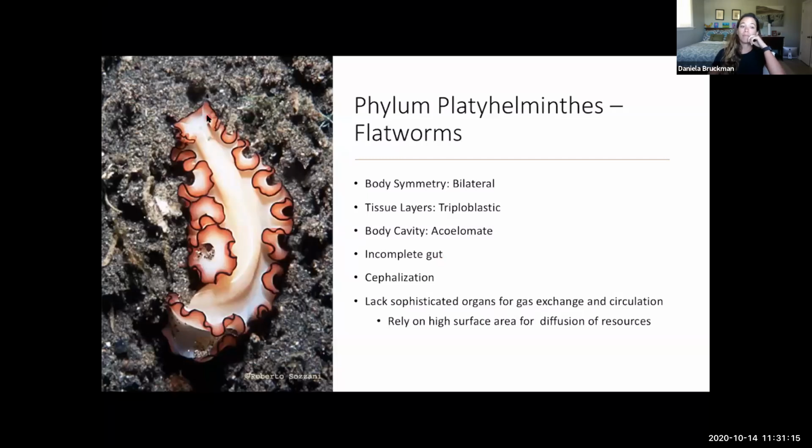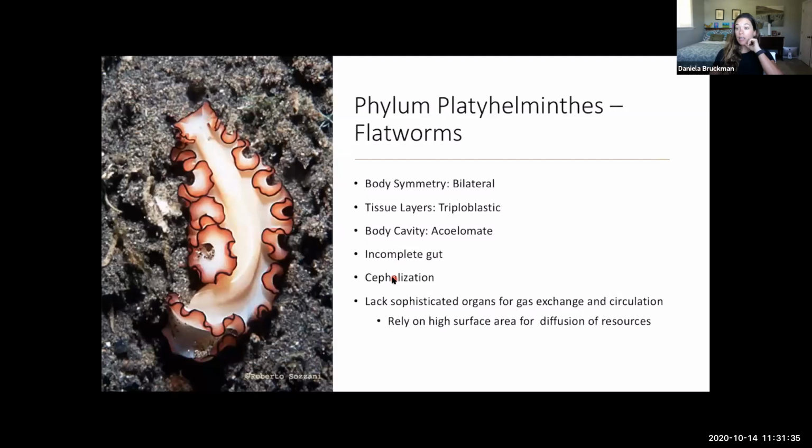We're used to bilaterally symmetrical animals having an opening at the mouth and then an opening at the anus, and food goes in one direction, but the flatworms don't. They have a blind gut where food goes in one hole and comes out the same hole. So they have an incomplete gut, and we'll look at that in a second.